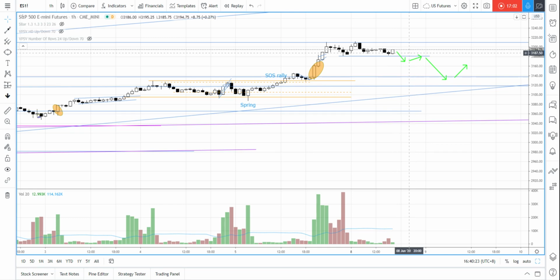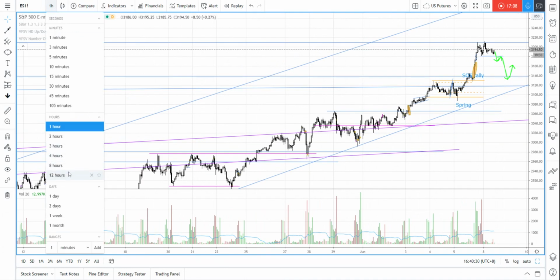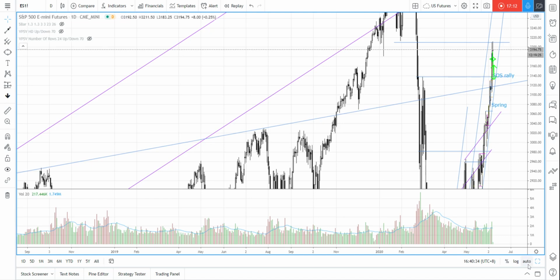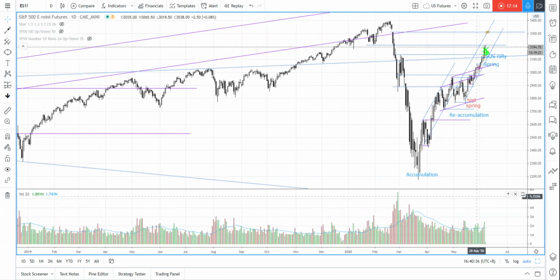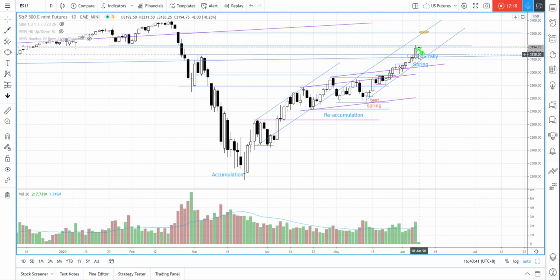So I talk about the bias for day trading, and for swing definitely it's up. So far, there isn't anything unusual except for the huge supply spike on Friday. But overall for swing, I think we should be able to hit the overbought level around 3300, which is in line with the gapping resistance area here.